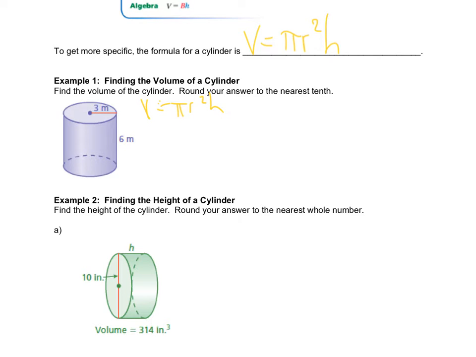So looking at the information I have, do I have the radius? Well, we do. The radius is going to be the 3 because we see that that is halfway across the circle. The height would be the 6. That's the distance between my two bases. So now we have the information. So basically we're just going to plug in for my information.